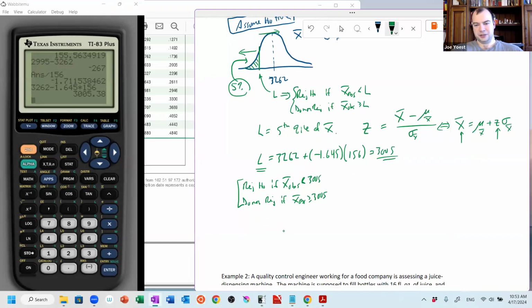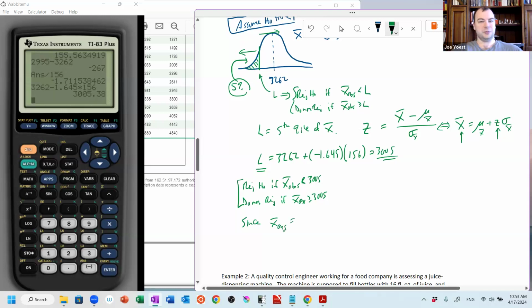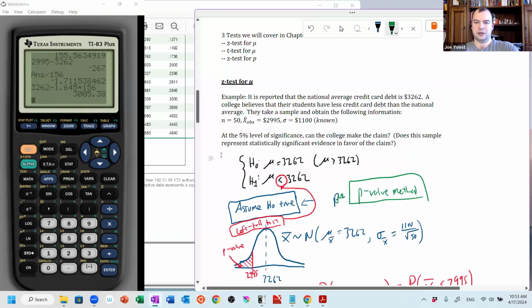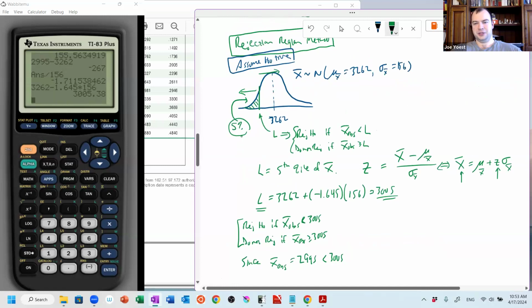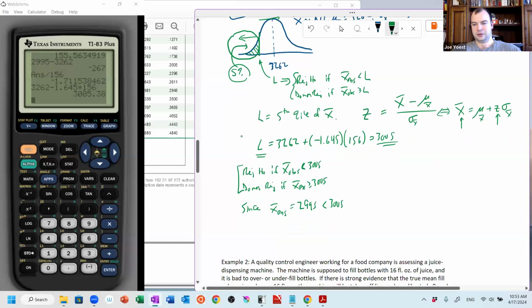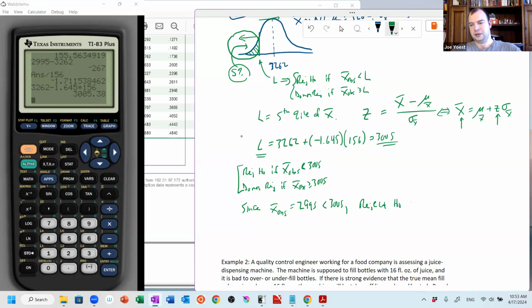And now I can say, since X bar observed is 2995, that was the number given in the problem statement, which is less than 3005, putting it in the rejection region over here to the left, we reject H naught in favor of H1.